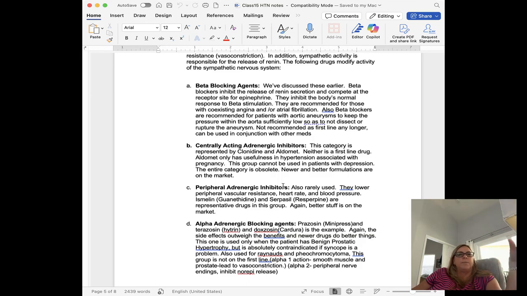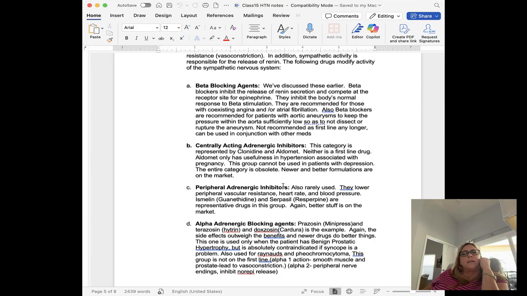They will inhibit the natural response to beta stimulation. We use them specifically for patients that have coronary artery disease, atrial fibrillation, or aortic aneurysms, but they are not the first line for blood pressure anymore. But if they have underlying AFib, that beta blocker may help the blood pressure as well.